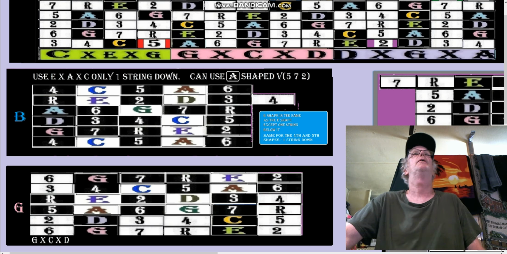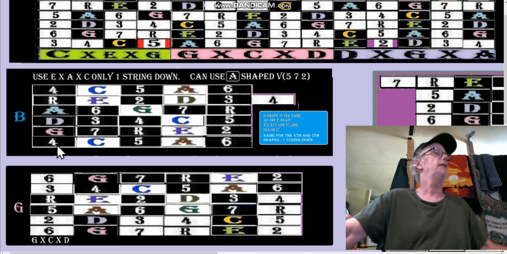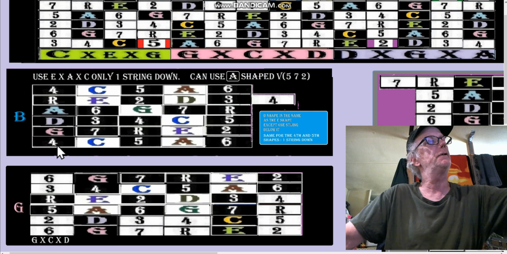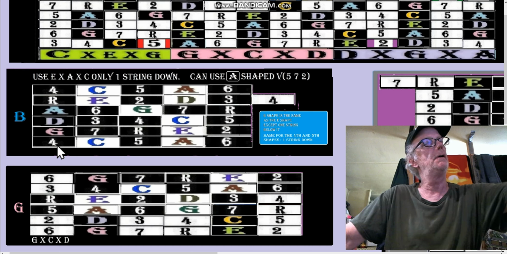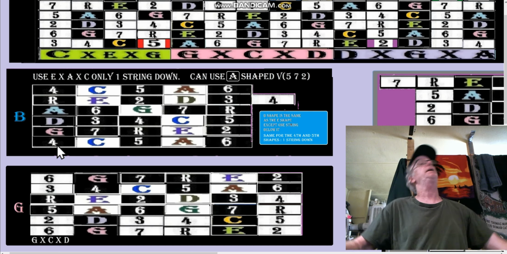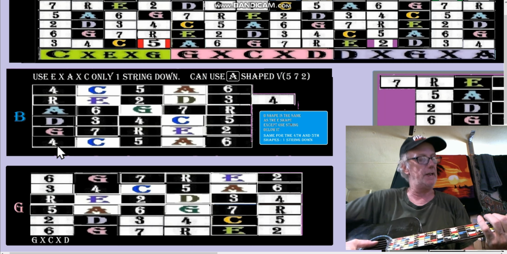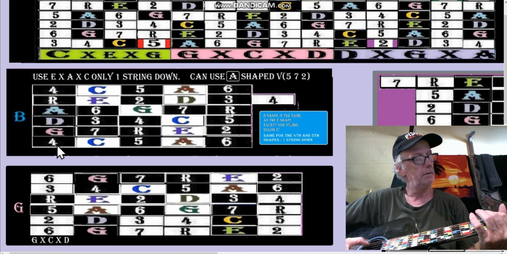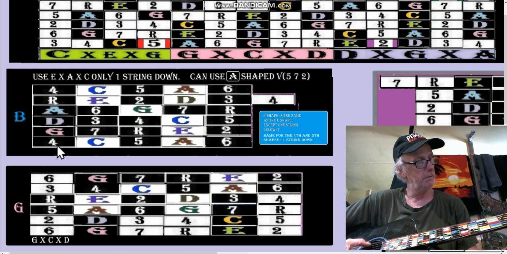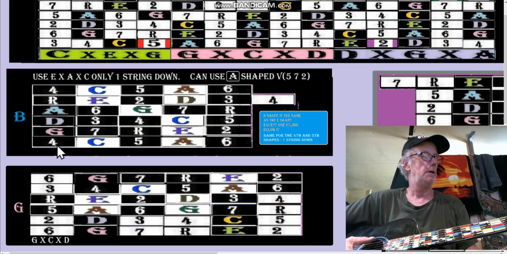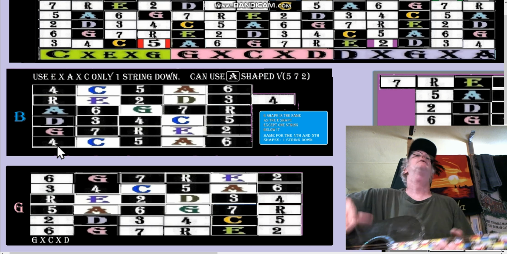It is meaningful. So the B string, what happens is, if we start a B way down here, our low E becomes the 4th now. Okay, so the B becomes the 4th.